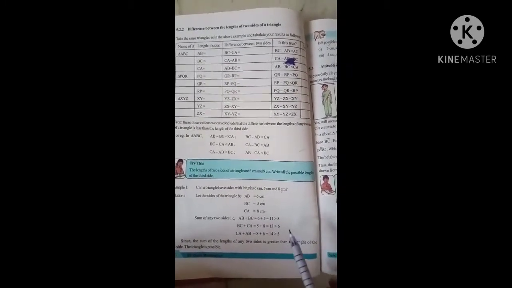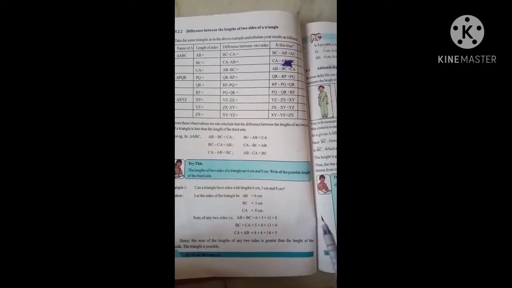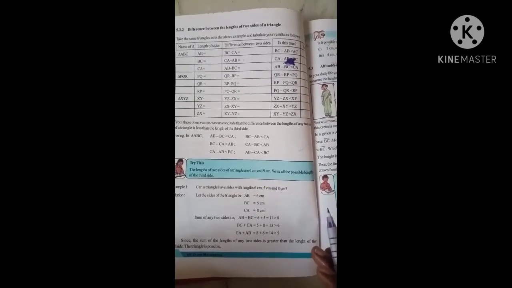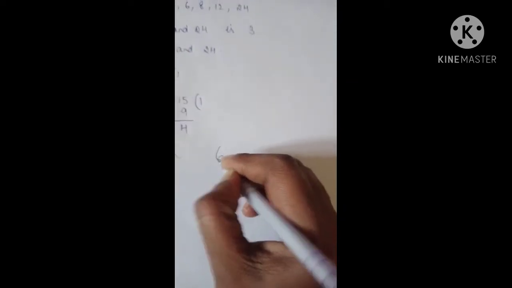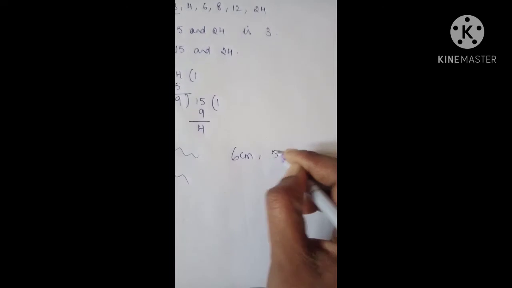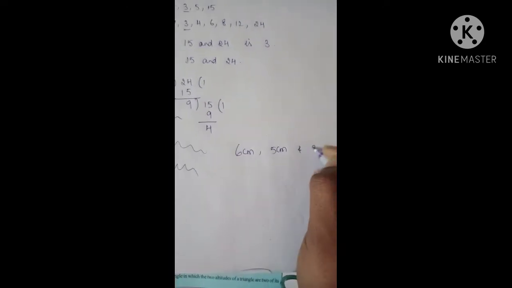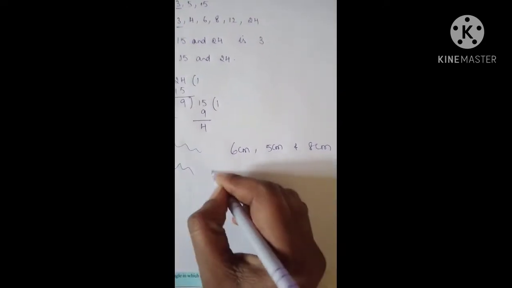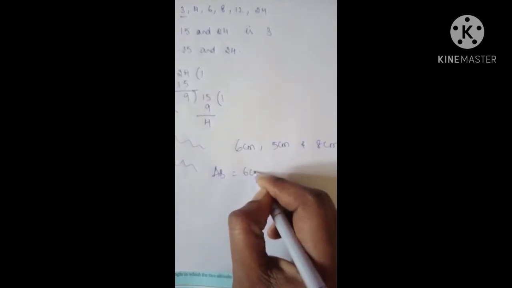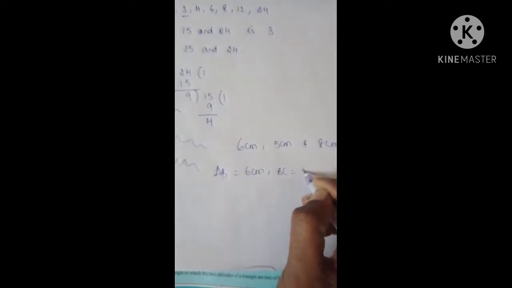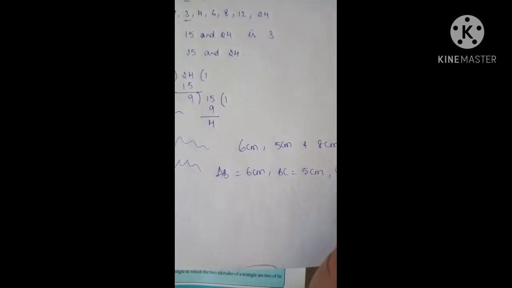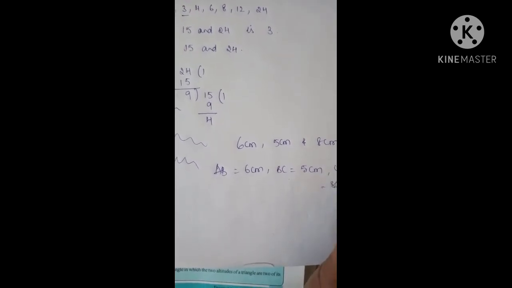See, if you add any two sides, the sum should be greater than the length of the third side. Okay, that should be greater than the length of the third side. Suppose AB equal to 6 centimeters, BC equal to 5 centimeters, and CA equal to 8 centimeters.